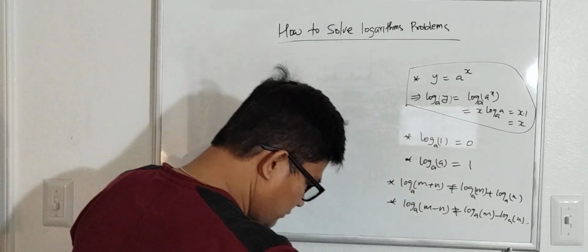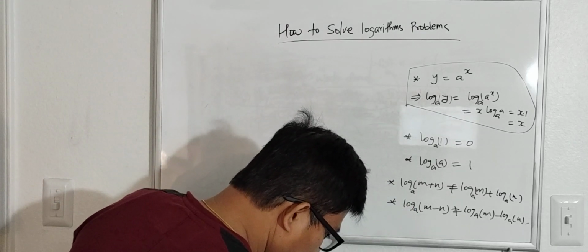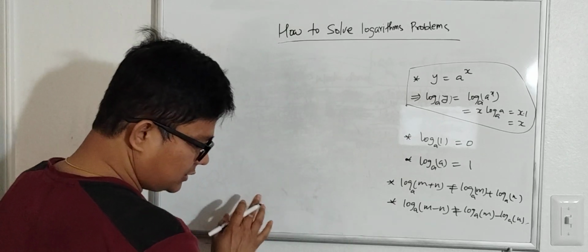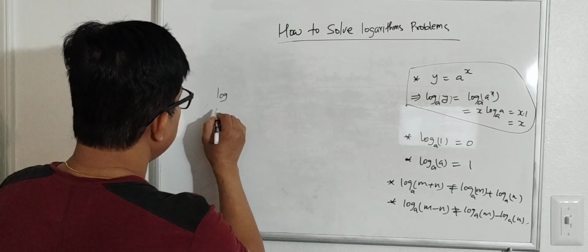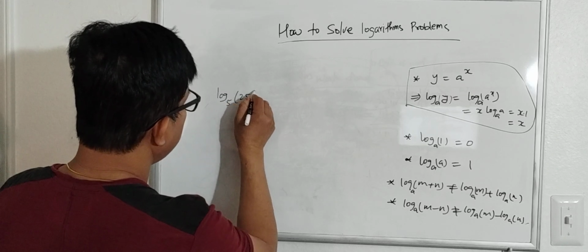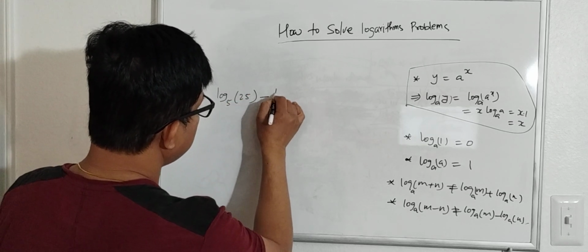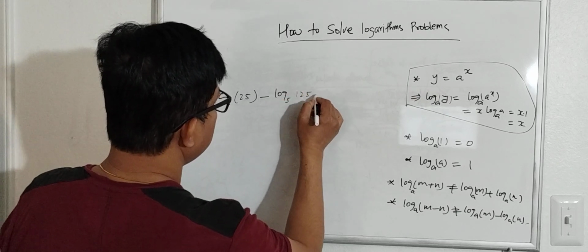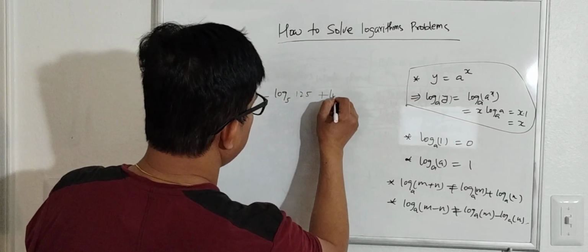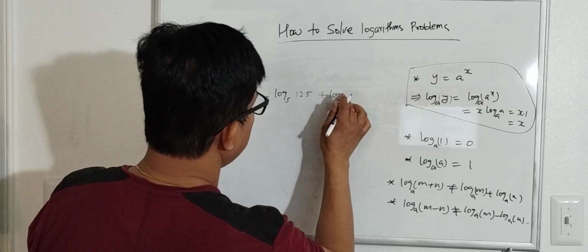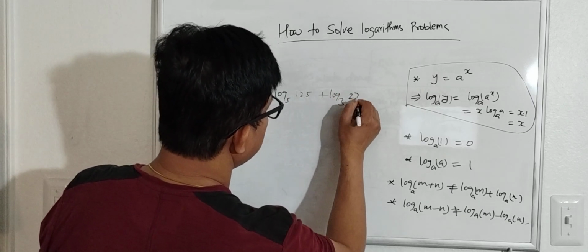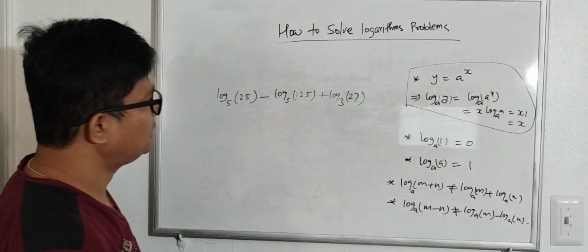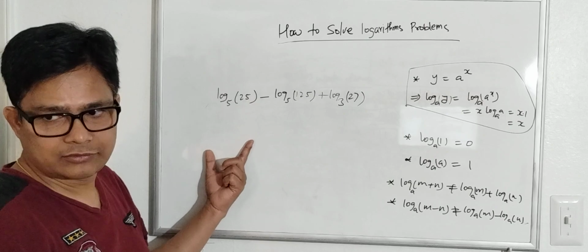Now let's talk about some basic questions. Let's start with log base 5 of 25 minus log base 5 of 125 plus log base 3 of 27. This type of question is there, so there is nothing you can do, you have to solve that.